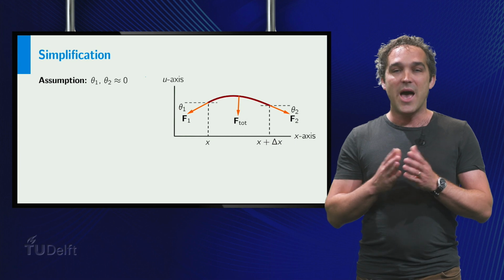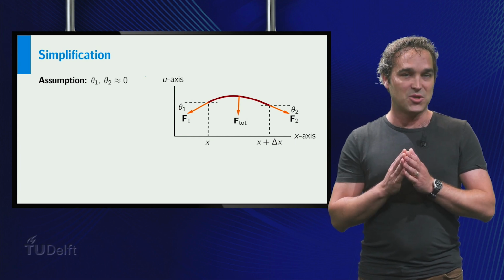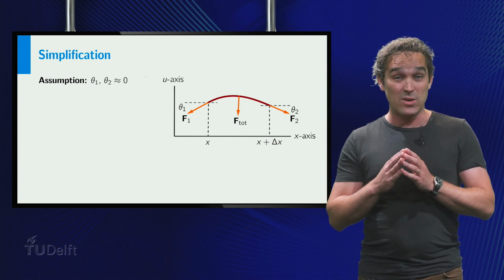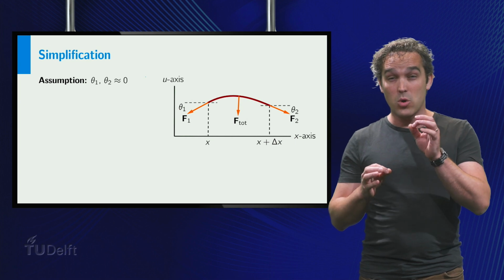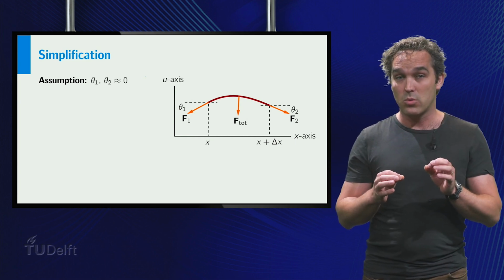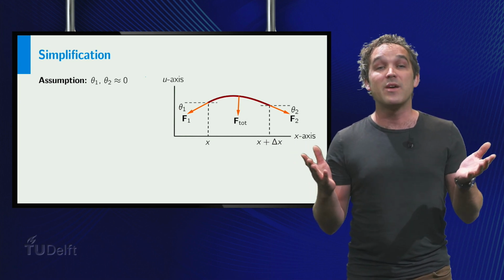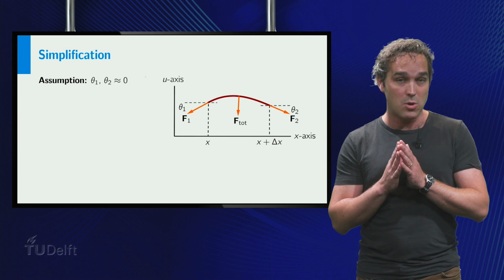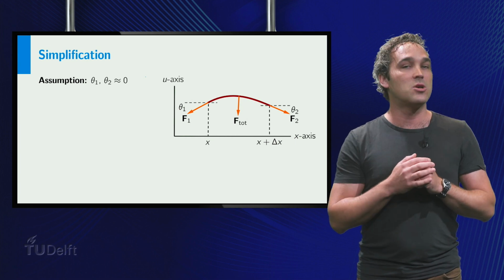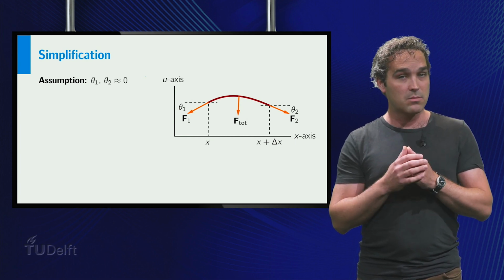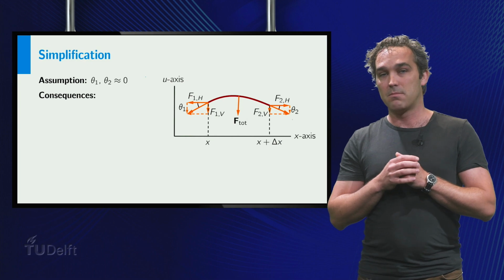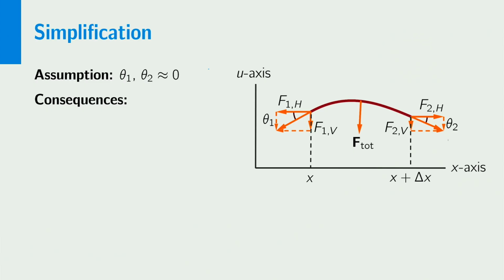Now, Alice and Bob make an important simplification. They assume that the angles theta 1 and theta 2 are going to be very small, which effectively means that the wave amplitude u will also be very small. How does this assumption simplify our analysis? Look at the picture. We have decomposed the force vectors F1 and F2 into horizontal and vertical components.